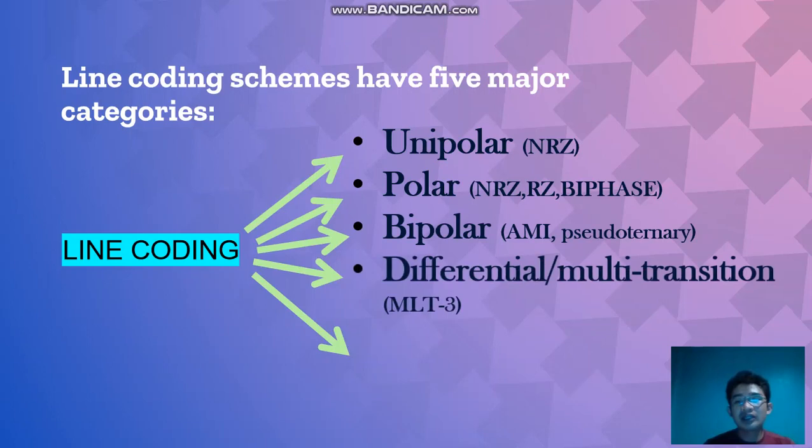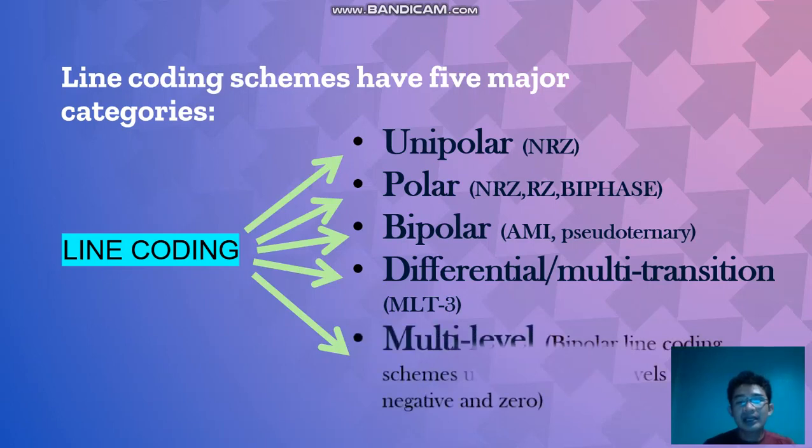Fourth, differential or multi-transition. It consists of MLT-3. Last is the multi-level. Bipolar line coding schemes use three voltage levels: positive, negative, and zero. But we only tackle the bipolar because it is my requirement.